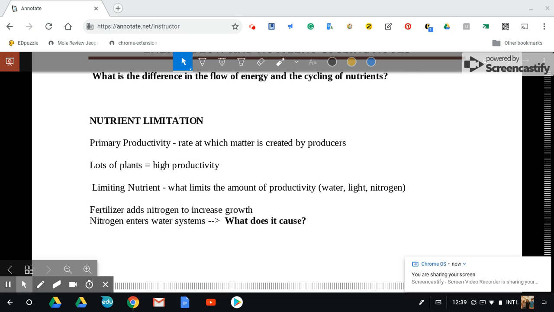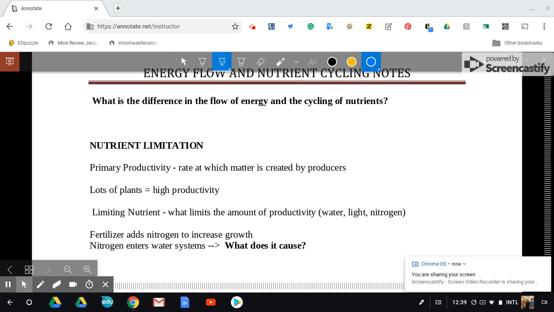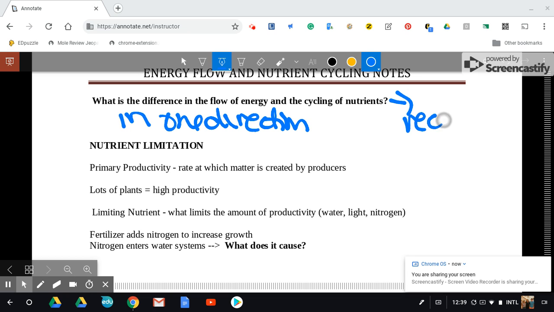So the last bit is, what's the difference between energy flow and nutrient cycling? Flow means it's going in one direction. So energy cannot be recycled, whereas nutrients are recycled over and over.